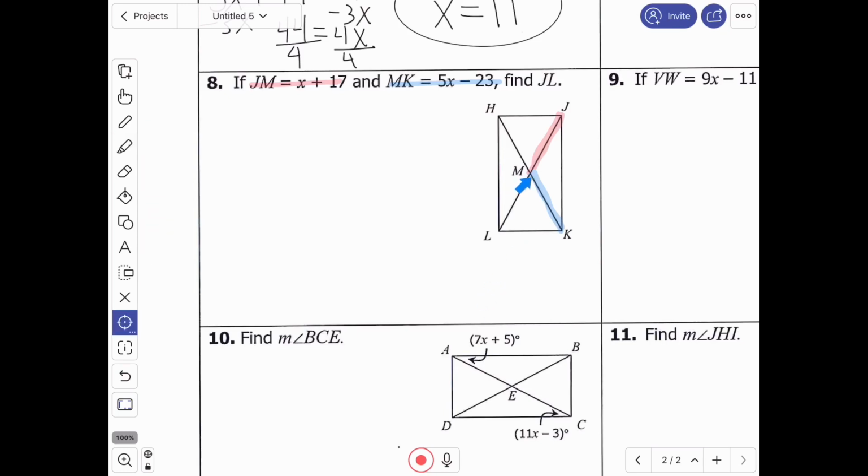And I told you that the diagonals are bisecting each other. So not only are they making this HM congruent to MK, so if only we knew what HM was, then we could set that equal to MK. But the good thing is, both of these diagonals are congruent to each other. So if you split one of these in half, it's going to equal the same half as if you split the other diagonal in half.